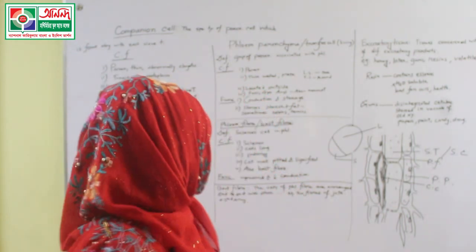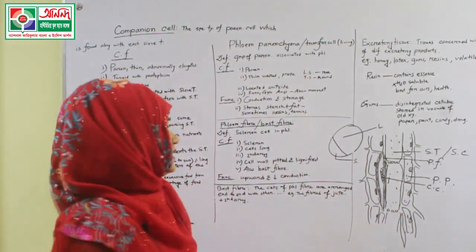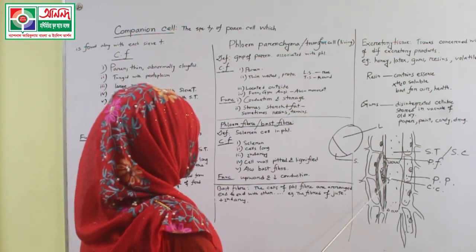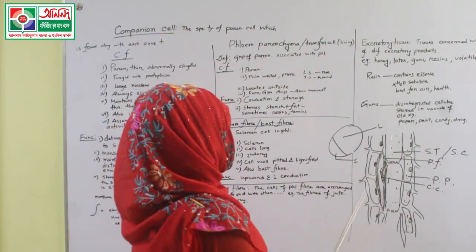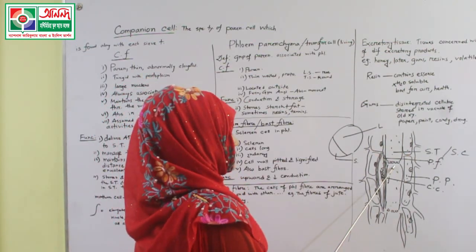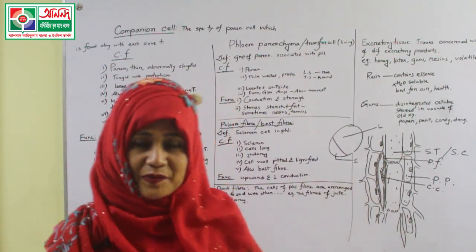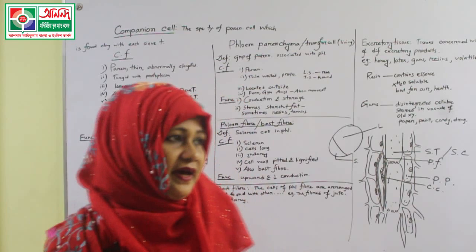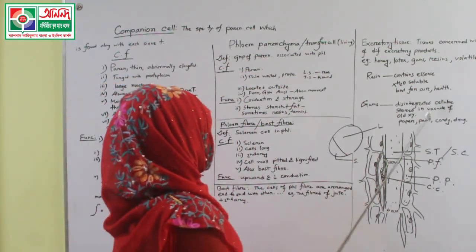Elongated structure, abnormally elongated with pointed tips. And in the sieve tube, there is no nucleus. In the companion cell, there is a larger nucleus. This is present in all angiosperms. This is absent in gymnosperms and ferns. So I have told you three differences between these two cells.